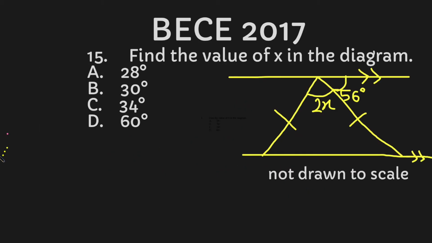For question 15, we have to find the value of x in the diagram. So here's our diagram. To find x, what are we going to do? We're going to find the values at the bottom, all the other 2 values within the triangle, and hopefully use that to help us find x. Now with alternate angles, not vertically opposite angles.